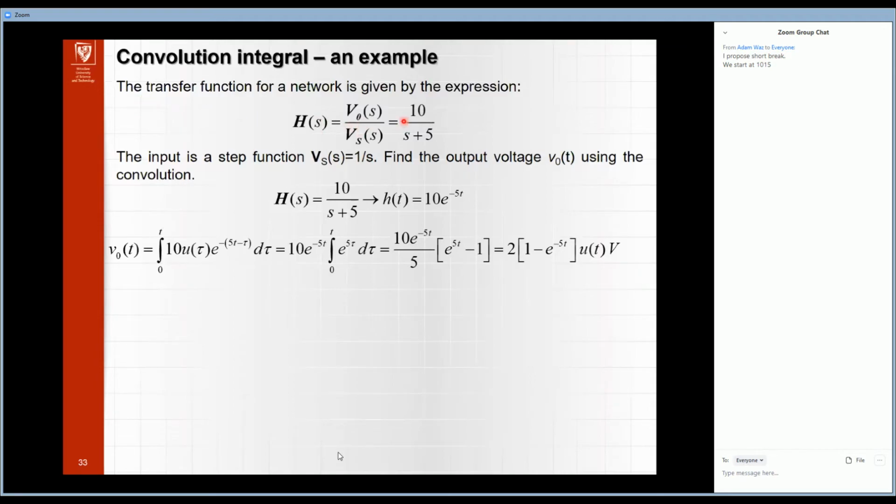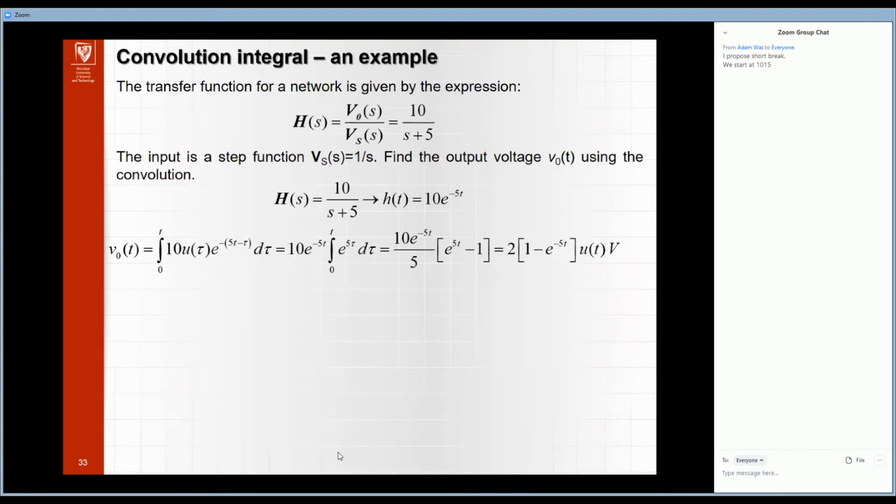In this example we have H(s) equal to 10 over s plus 5. The input function is a step function Vs, and we find the output voltage using convolution. Now I show you two different methods to calculate the output voltage.